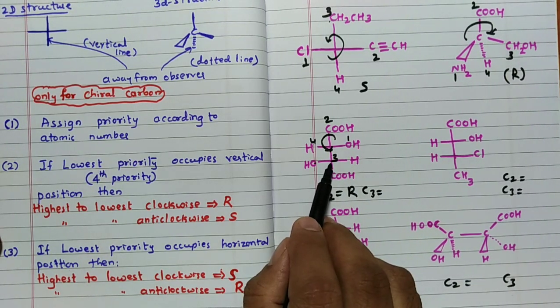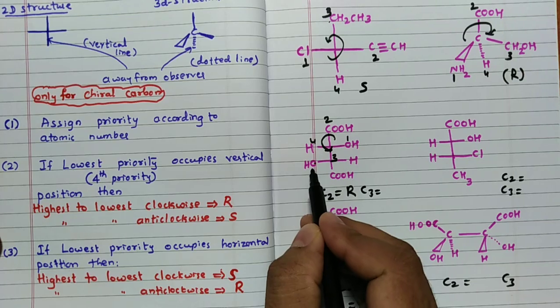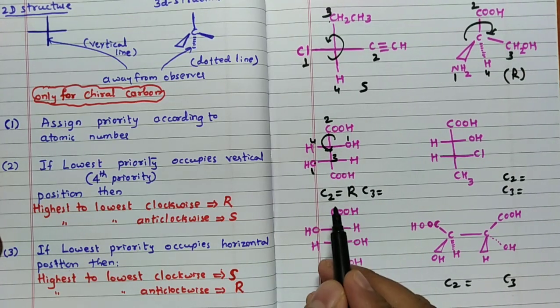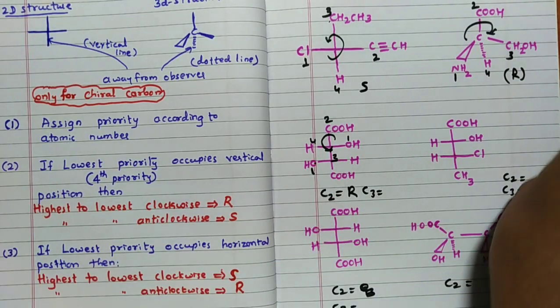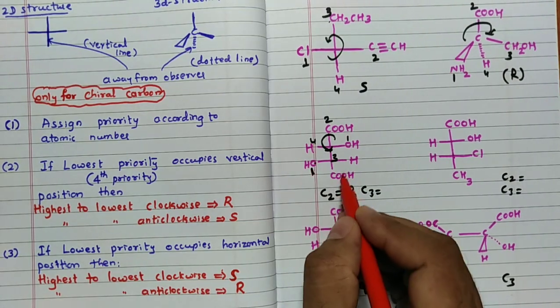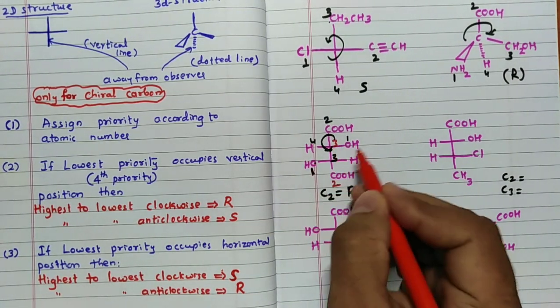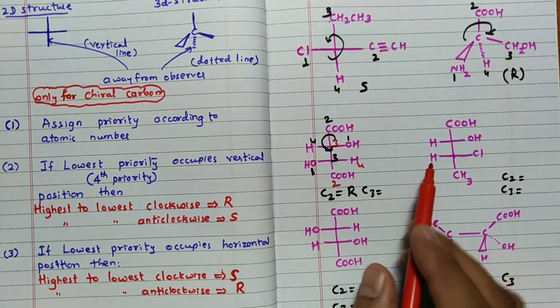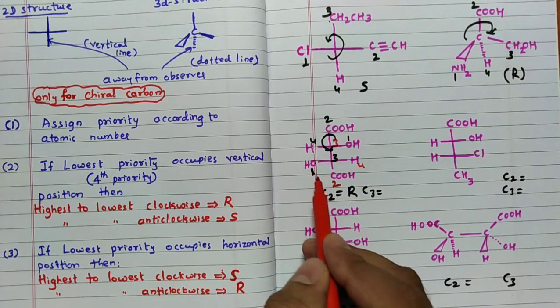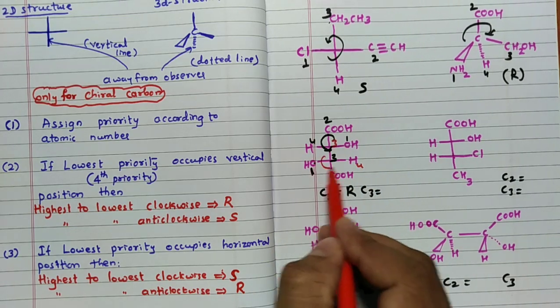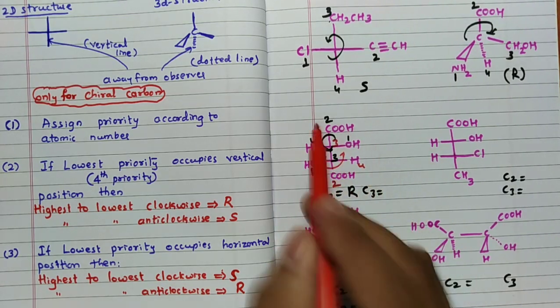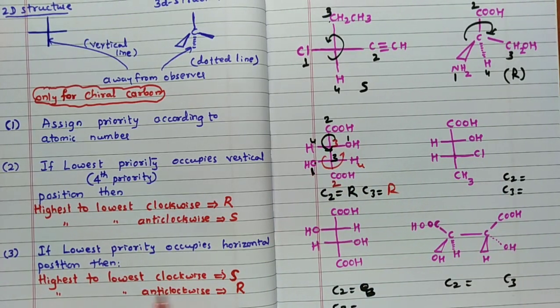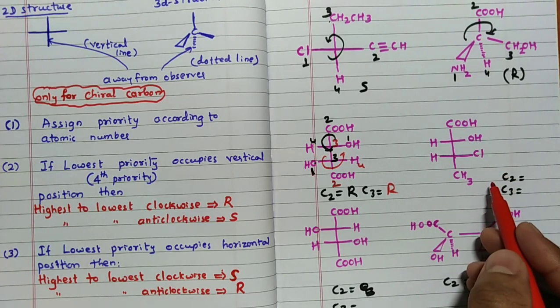In this particular case, first vertical position, I will write it in red. First priority, second priority is this, third priority this carbon, fourth priority hydrogen. Once again, fourth priority hydrogen is present in the horizontal position. Hence, if you see 1, 2, 3 like this, it also becomes R. Horizontal position, anti-clockwise, R. Here you can see C2.